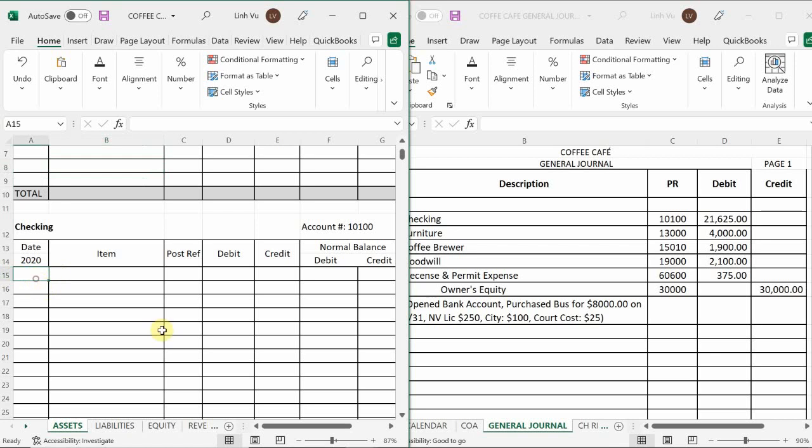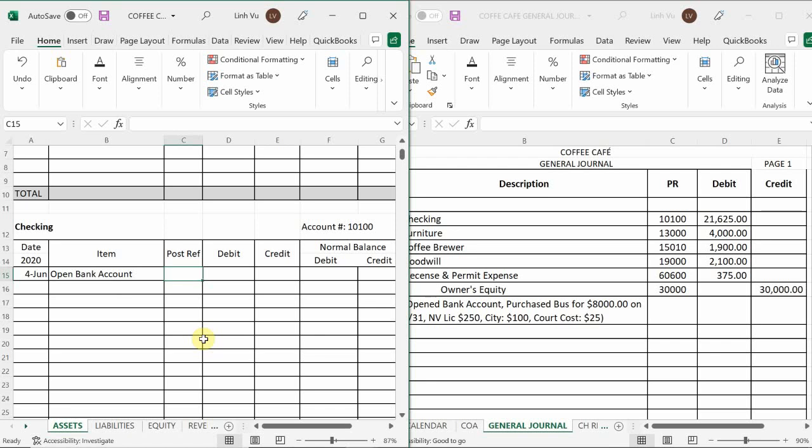So that means the very first thing here is on June 4th, which is the day that I had this transaction, I opened up my bank account. So I can say open bank account.